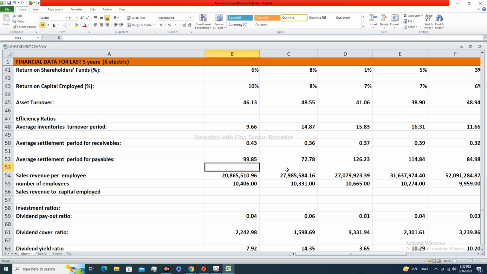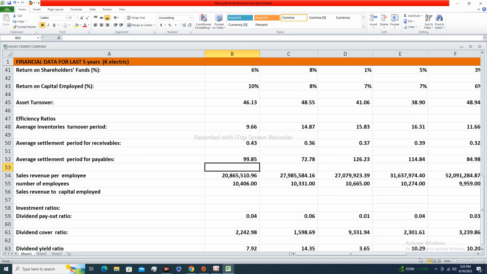After doing that we can find the average trade payables for the years. After 2018 it declined, and after 2019 the trade payables increased. After that it falls in 2021 and also in 2022 by a large amount.